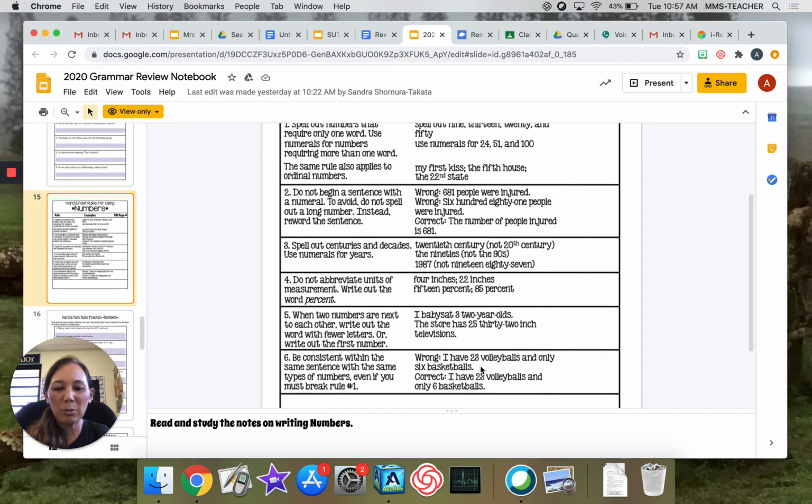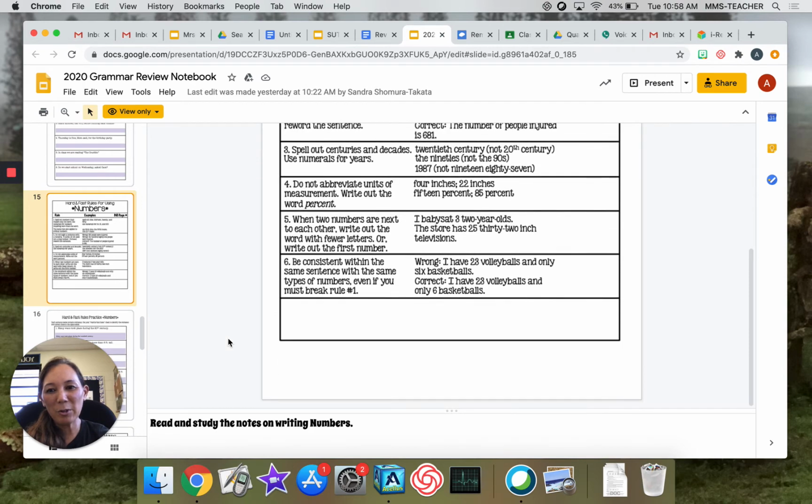So what you would rather do instead is keep the format consistent. So you would write instead, I have 23 volleyballs and only 6 basketballs. And you notice that this breaks rule number 1, because 6 would be spelled with just one word, but to keep it consistent, you would have to break rule number 1 in this case.